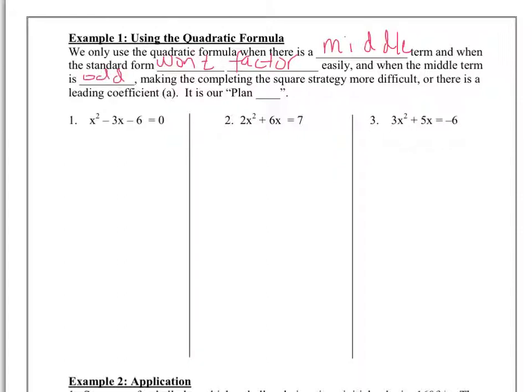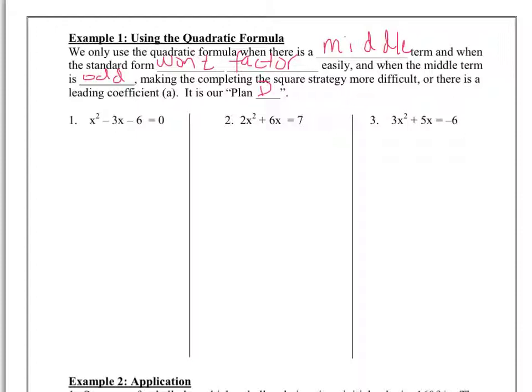making the completing the square strategy really difficult. Okay, so we're not able to factor, and we're also not able to complete the square. It's much more difficult. Or if there's also a leading coefficient like 2x squared or 3x squared. Okay, so this is kind of like our plan D strategy. We tried everything and it won't work, so we're going to use the quadratic formula.